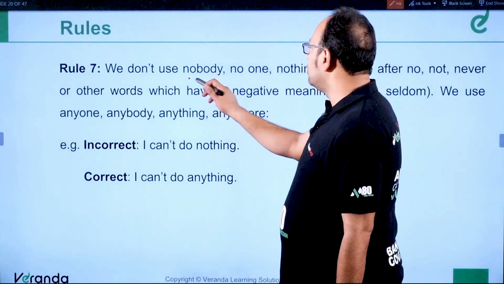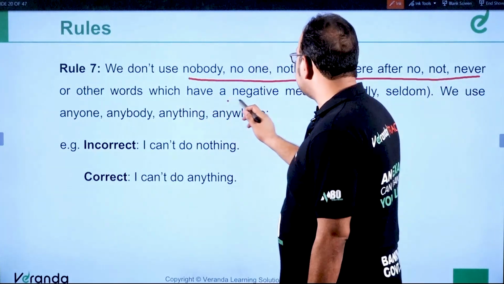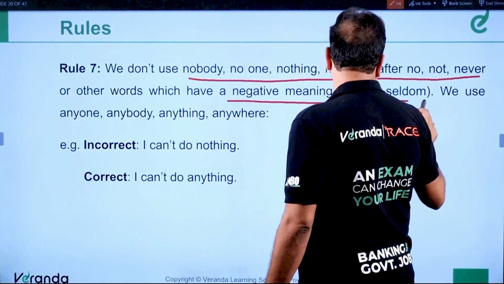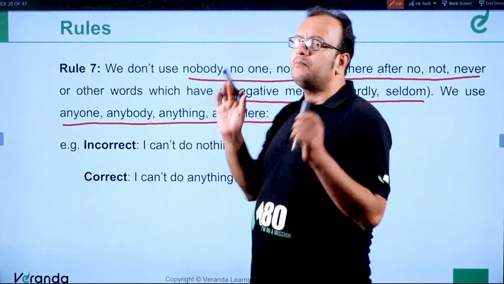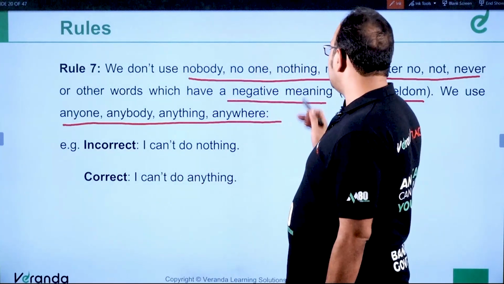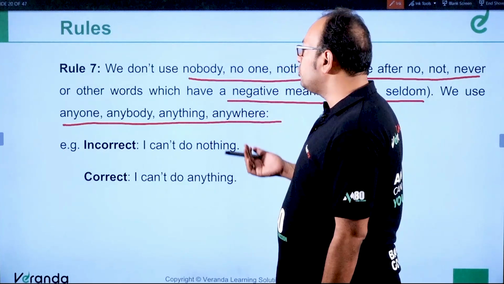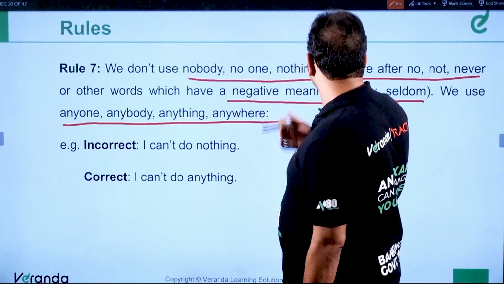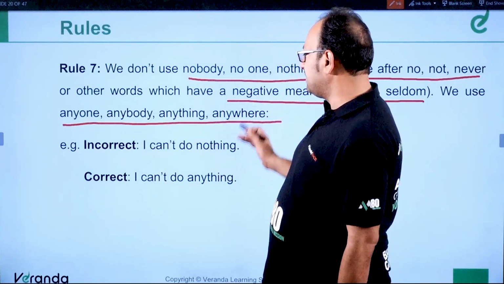Rule number 7. We don't use nobody, no one, nothing, nowhere after no, not, never or other words which have a negative meaning, like hardly, seldom. We use anyone, anybody, anything, anywhere. Very important rule. So when we use hardly or seldom or scarcely for that matter, we don't use nobody, no one, nothing, nowhere after these words. We use anyone, anybody, anything, anywhere.